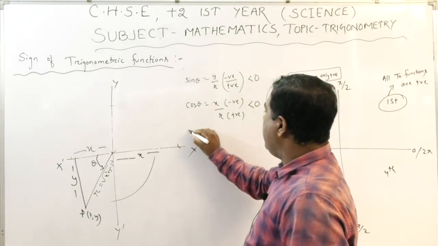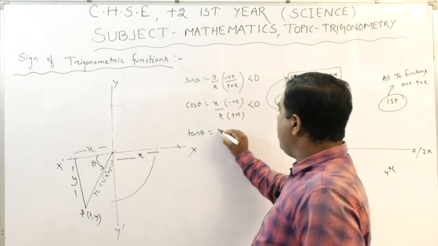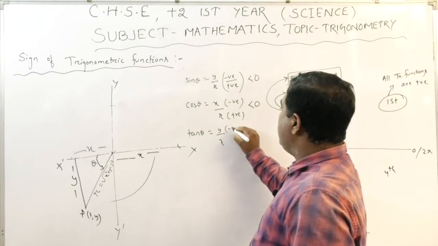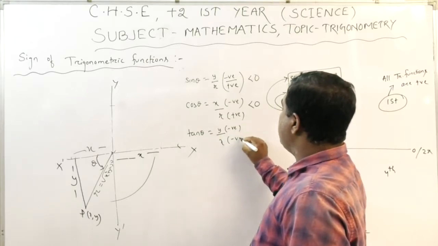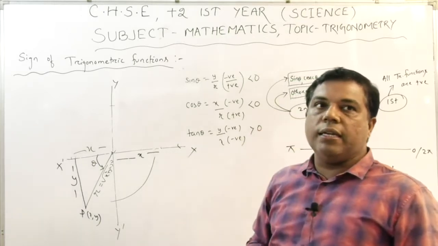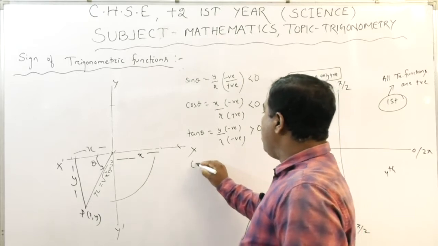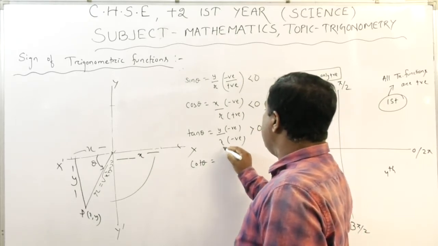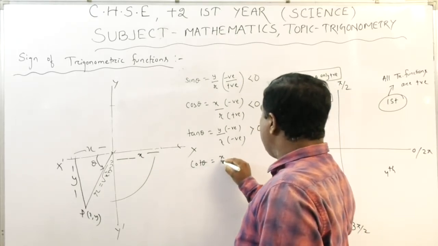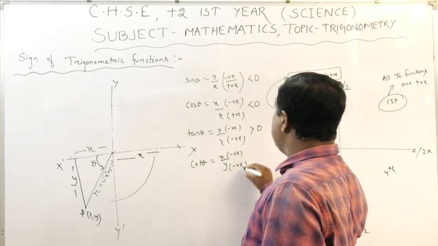Now tan theta is y on x. It is negative upon negative, which is a positive value. So tan theta is positive in the third quadrant. Cot theta is x on y, negative and negative, so it is positive.